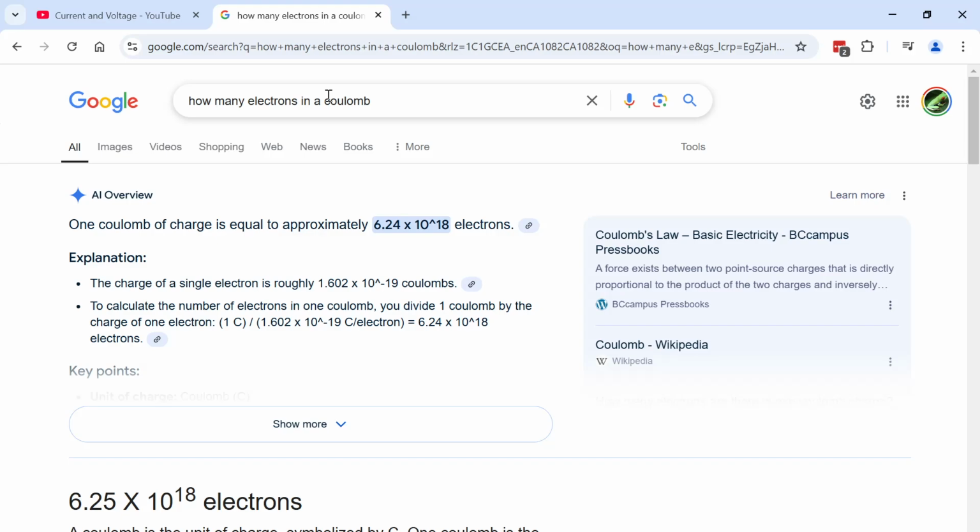Here's a bucket, and it contains that many electrons. So you can think of 1 coulomb as being a bucket of electrons. You don't need to know the exact number. You just say there's a whole heck of a lot of electrons in that bucket.